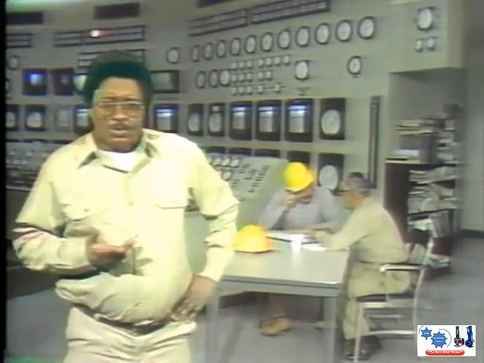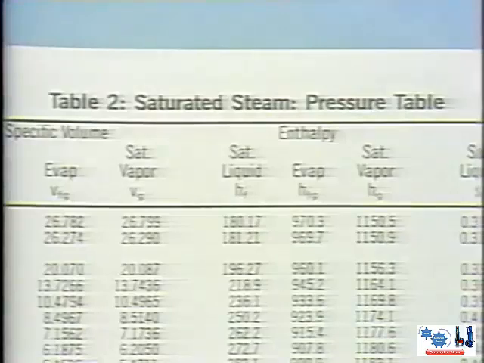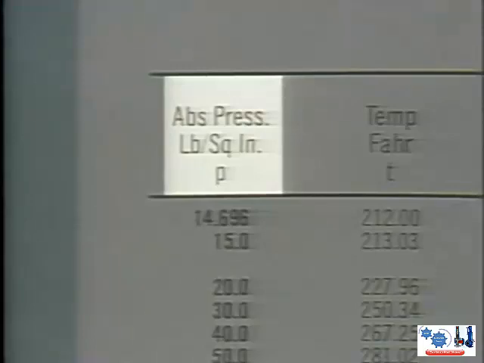Now that we've looked at Table 1, let's take a quick look at Table 2, entitled Saturated Steam Pressure Table. In this table, you have the values for the conditions associated with pressure. Table 2 is arranged in a similar manner as Table 1, except for the first two columns and the last column. The first major heading in Table 2 is absolute pressure in units of pounds per square inch.